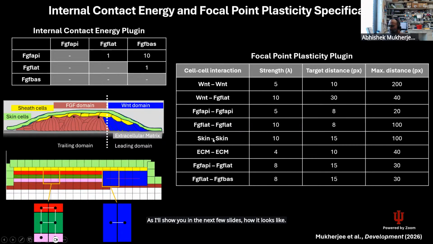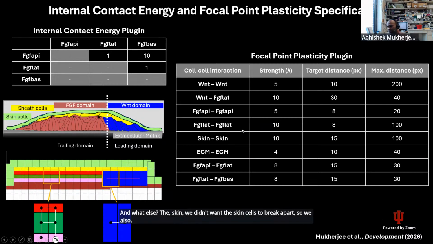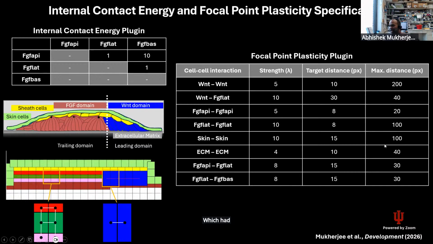And what else? The skin, we didn't want the skin cells to break apart, so we also implemented these FPP links within the skin, which had a very high max distance, and they also had high strength among them.